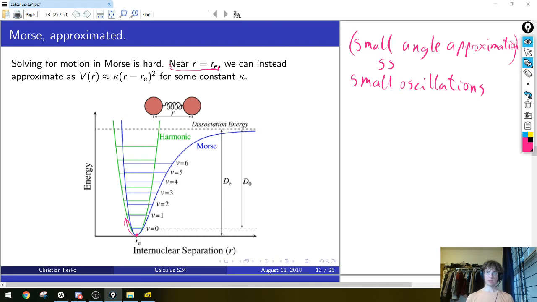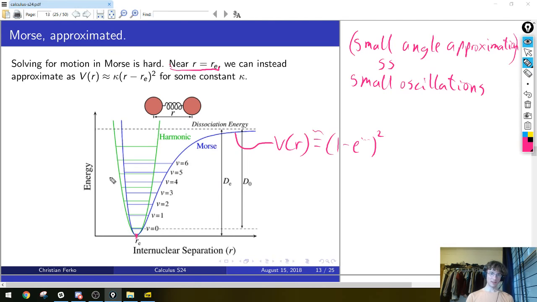This is the graph of V of r, by the way, that weird complicated thing I showed you on the previous slide, which is proportional to 1 minus e to some junk, squared. That's the blue curve called Morse. The observation is that if I look at a point close to the equilibrium radius, and I'm not too far from that, this complicated graph looks an awful lot like a parabola.